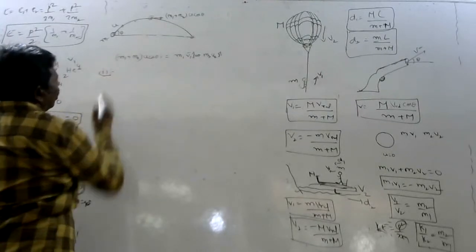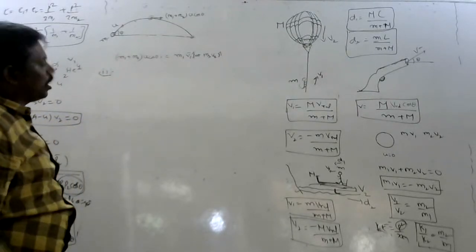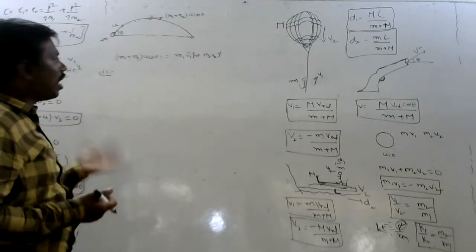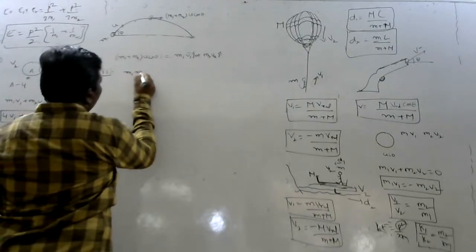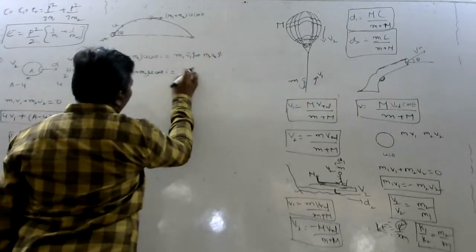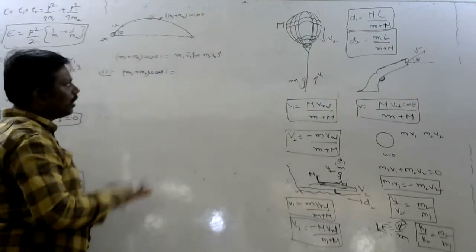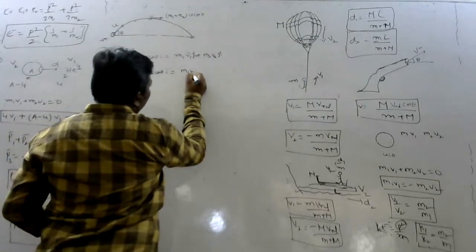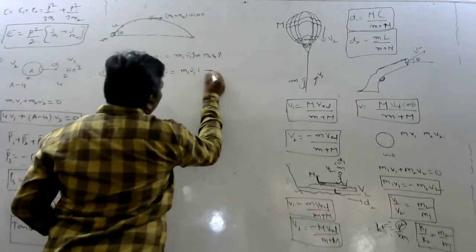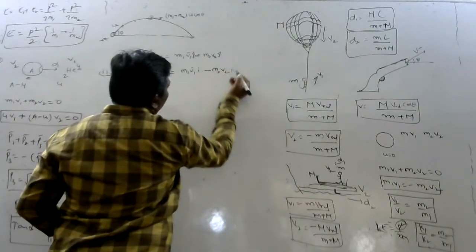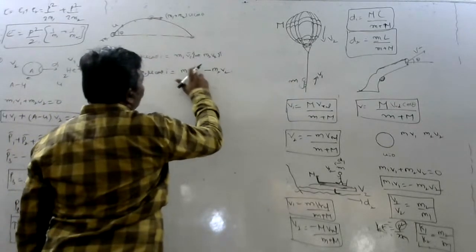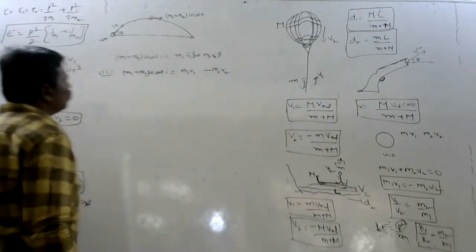Case 1: if the two pieces move in opposite directions after explosion, then (m1 plus m2) u cos theta I is equal to m1 v1 I minus m2 v2 I, so m1 v1 minus m2 v2.